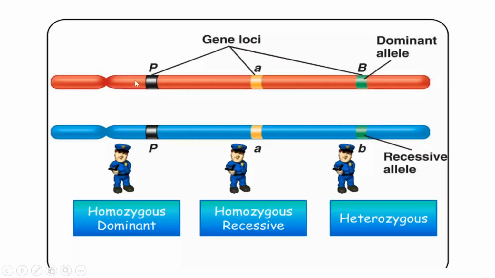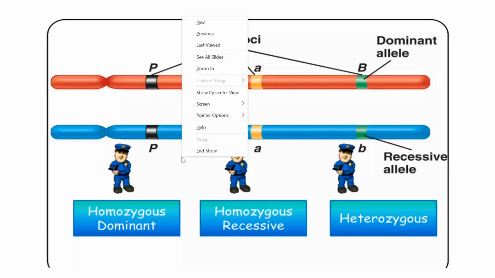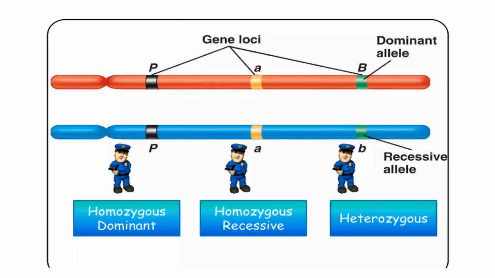Suppose in both loci the gene is present in its dominant form, then it is called homozygous dominant. If it is present in a recessive form at both loci, then it is called homozygous recessive.